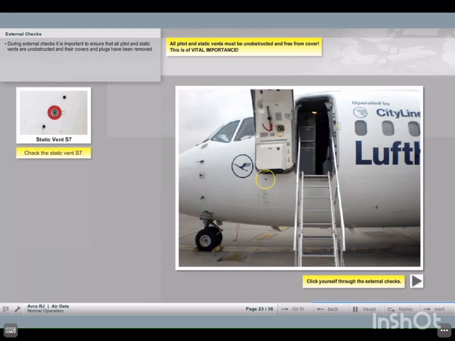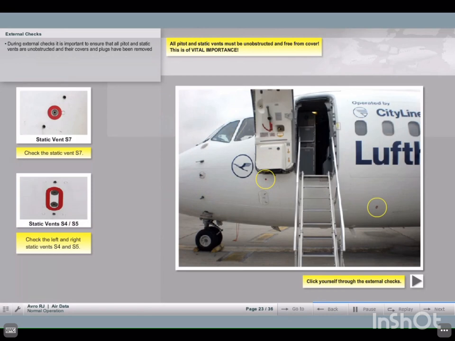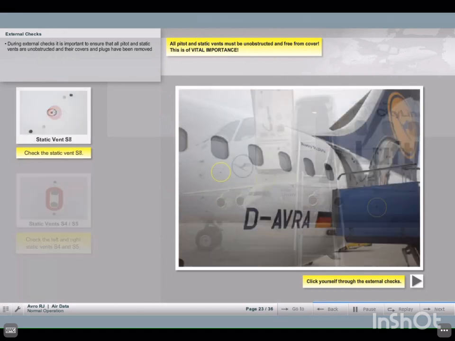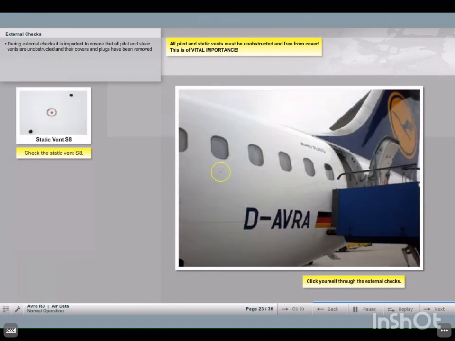Check the static vent S7. Check the left and right static vents S4 and S5. Check static vent S8, analog pressurization only.